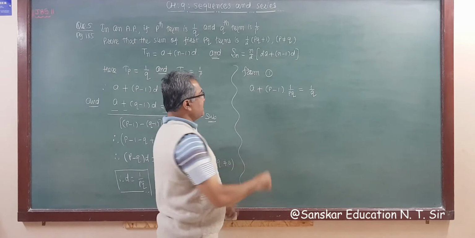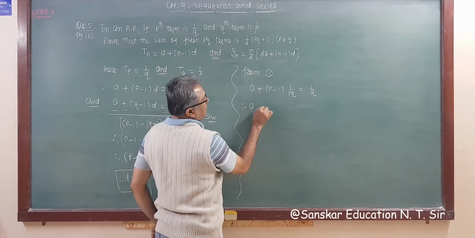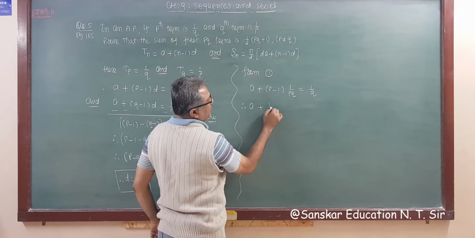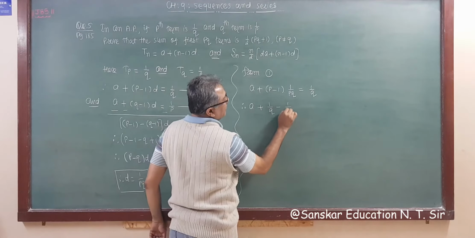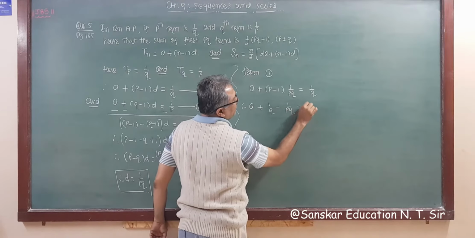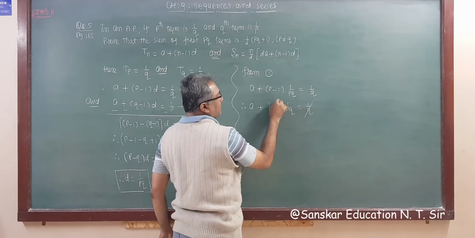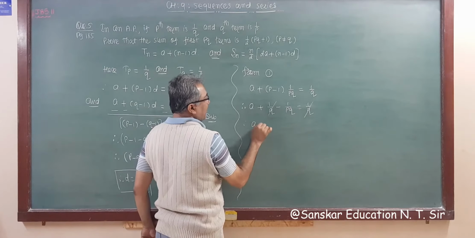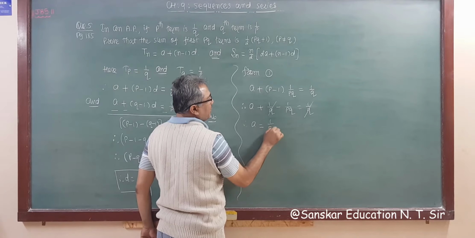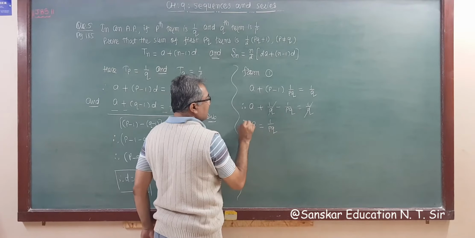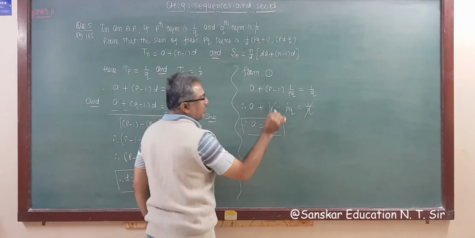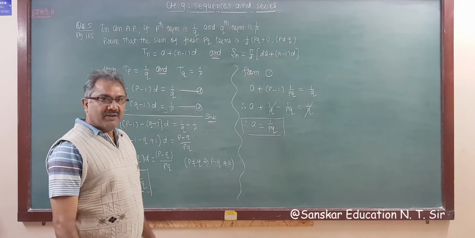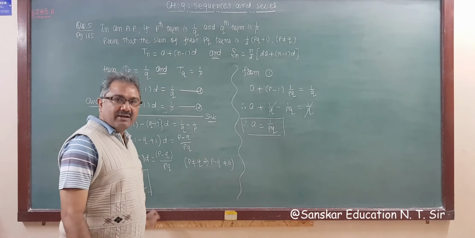So multiplying, we get a plus p upon pq, that is 1 upon q, minus 1 upon pq is equal to 1 upon q. So 1 upon q will cancel, and we get a is equal to 1 upon pq. So the value of a is also 1 upon pq. So we achieved our target, a and d.